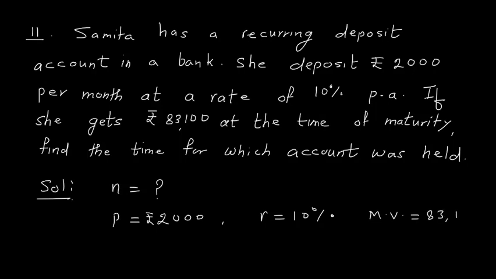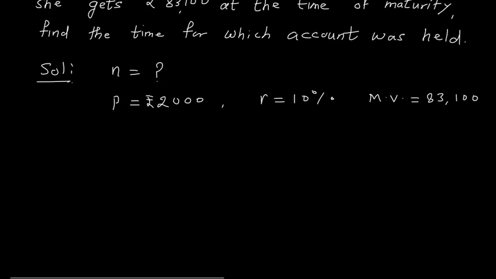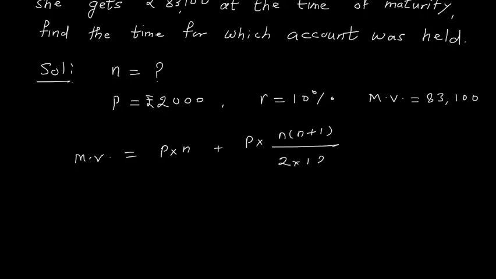So maturity value is given, P is given, R is given, N is unknown. Now again the formula for maturity value is P into N plus P into N into N plus 1 divided by 2 into 12 into R upon 100. Now let us put the respective values.